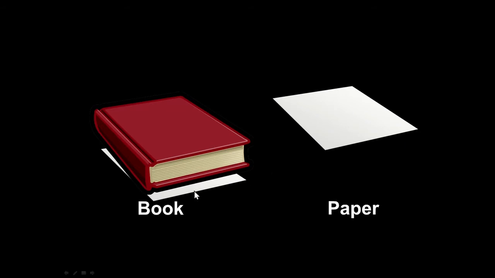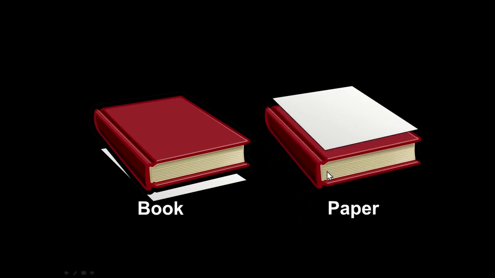If I put a piece of paper under the book, then you can see, yeah, the paper is going to fall at the same rate as the book, because the book might be forcing the paper to fall faster than it naturally would fall. But if I put the book under the paper and then drop them, the paper doesn't just float away and the book falls fast. They now fall freely.